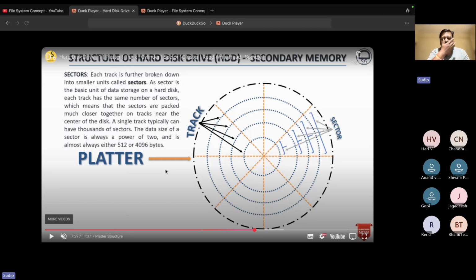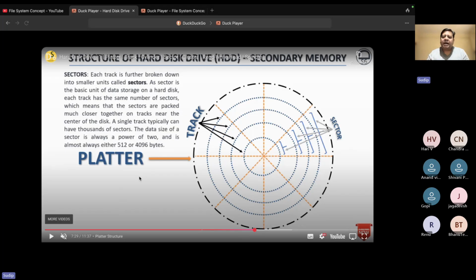So to understand how much data a particular sector can store, that is measured in what is called a sector size. It's measured in 2 to the power something.